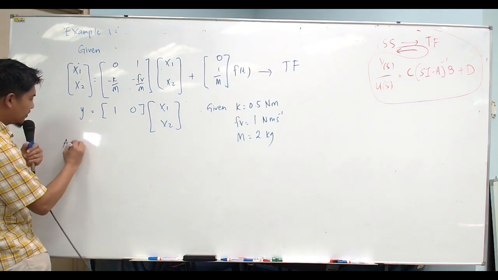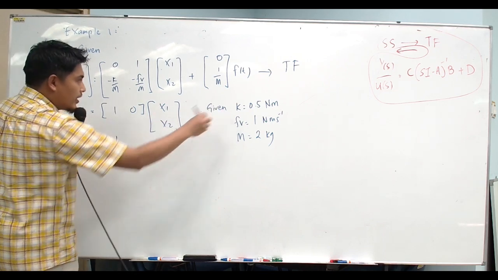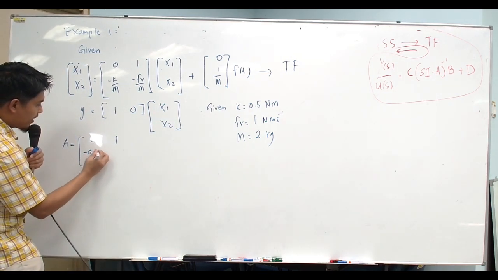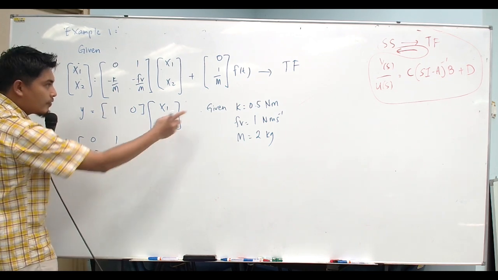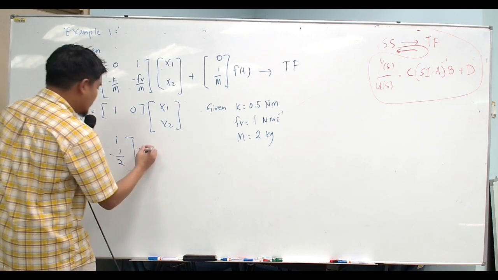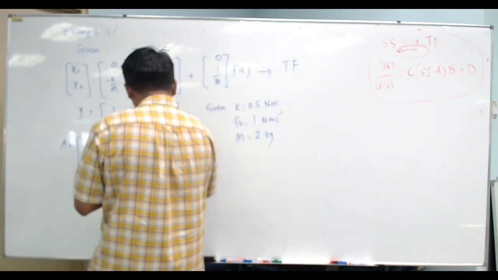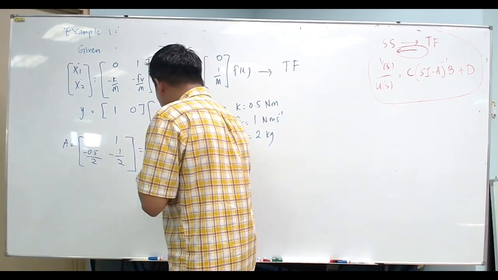A matrix is 0, 1, negative K over M, which is negative 0.5 divided by 2, negative FV over M, which is 1 over 2. This is your A matrix, or we can put it as 0, 1, negative 0.25, negative 0.5.